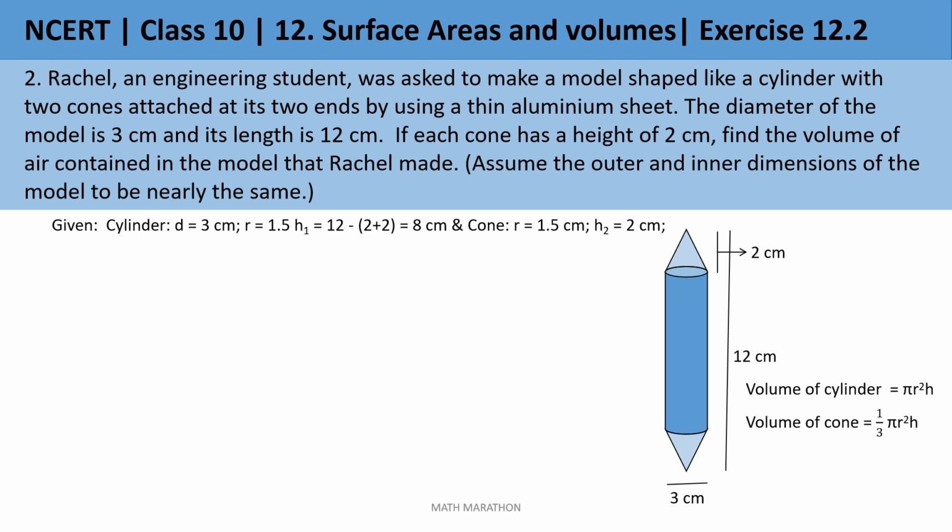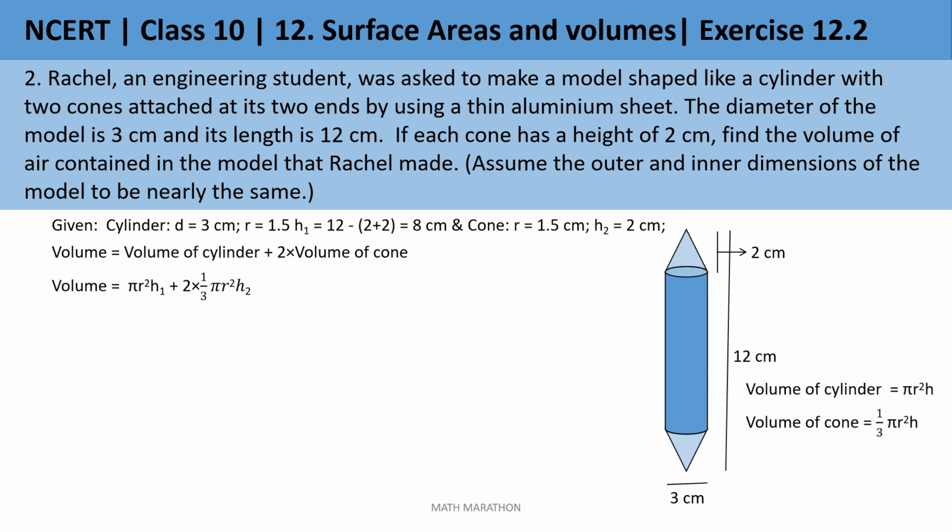Height h1 is 8 cm. Consider cone. Radius r is 1.5 cm. Height h2 is 2 cm. Total volume is equal to volume of cylinder plus twice of volume of cone. Because we have 2 cones.